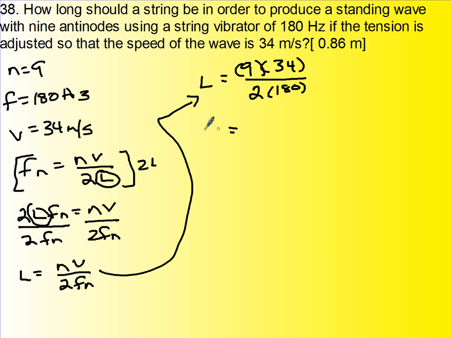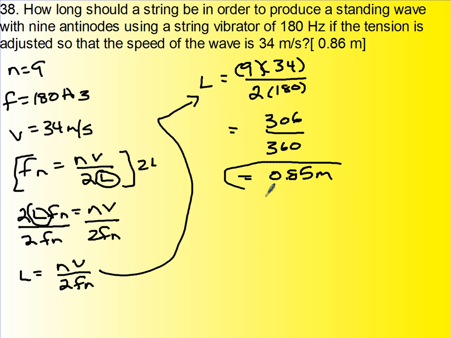So multiply your numerator. 9 times 34 is 306. 2 times 180 is 360. 306 divided by 360 is 0.85. That's pretty close. All right, let's change that to a 5.